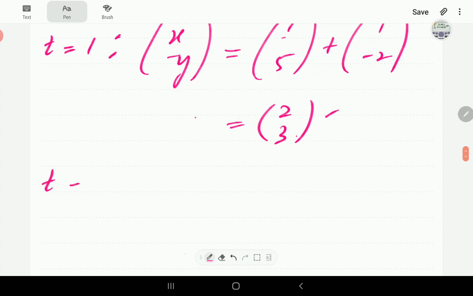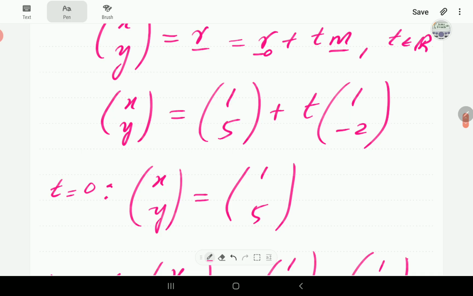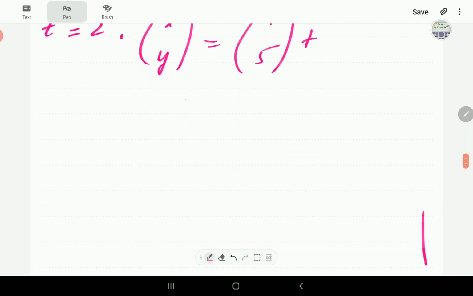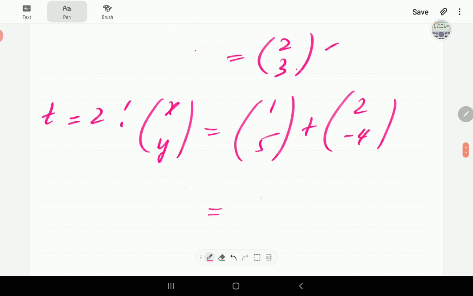If t is 2, then xy is going to be (1, 5) plus, I'm going to multiply this by 2, (2, -4). So this is going to be (3, 1).